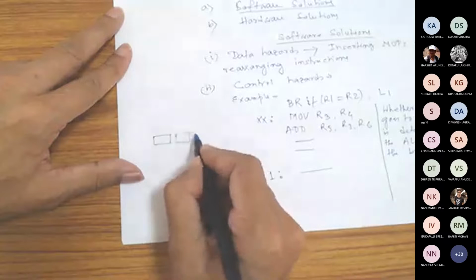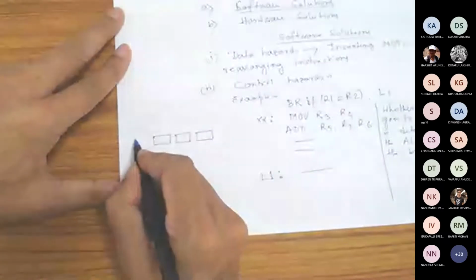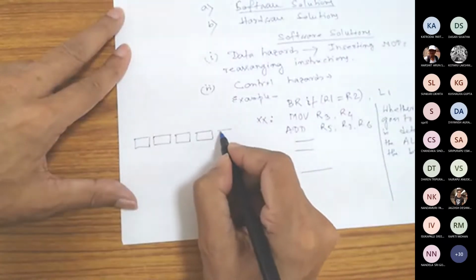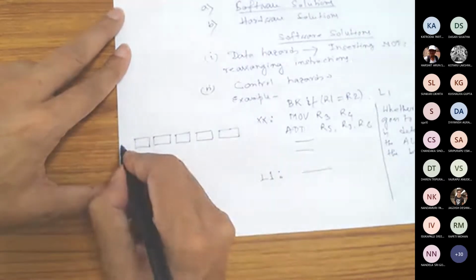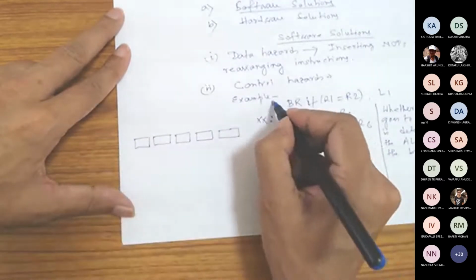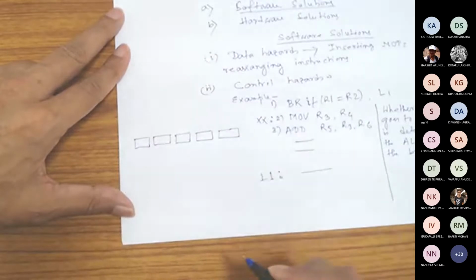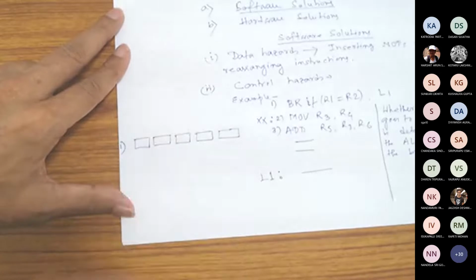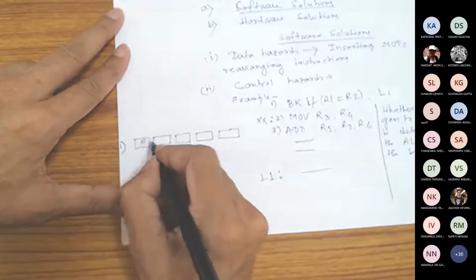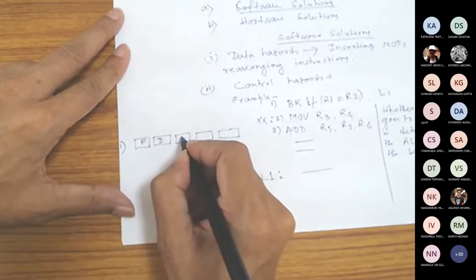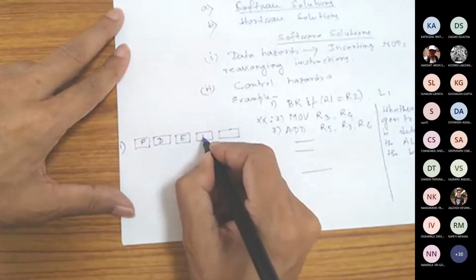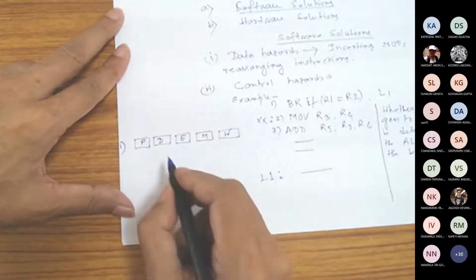So let me say this is my instruction 1, this is instruction 2, this is instruction 3. Okay, so this is instruction 1. Fetch, decode, execute, memory, write back.